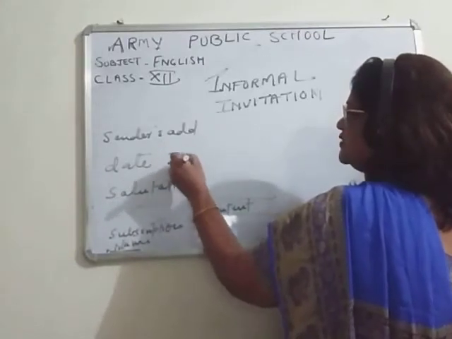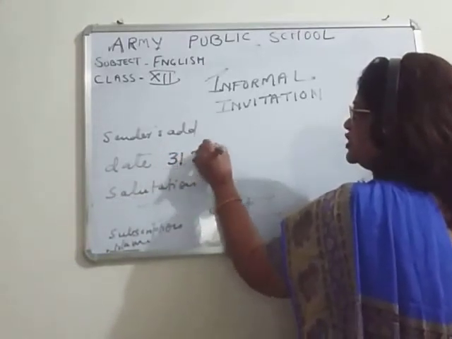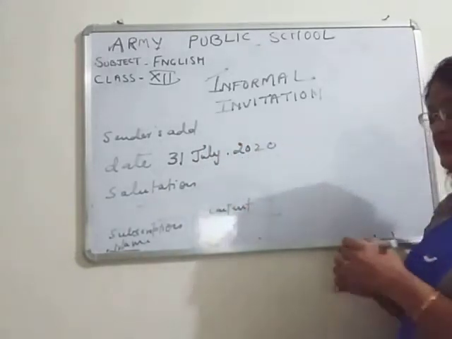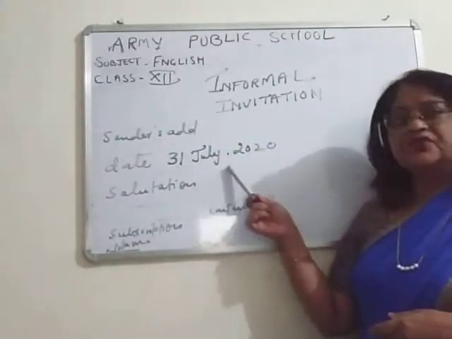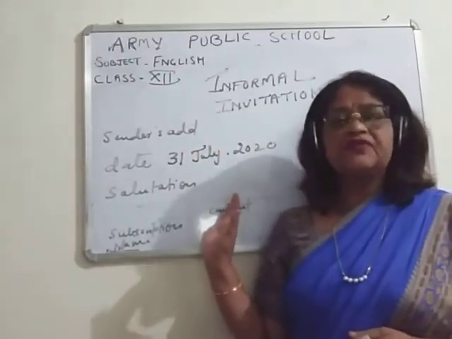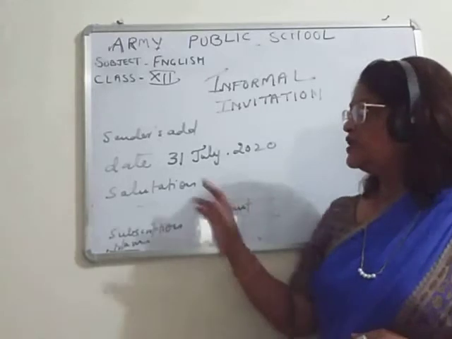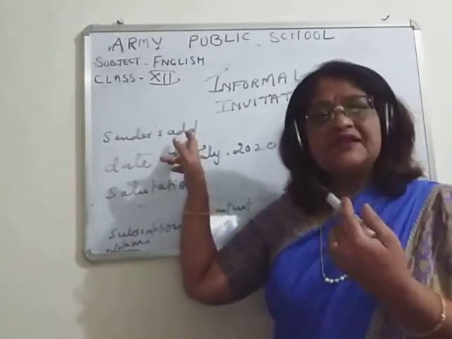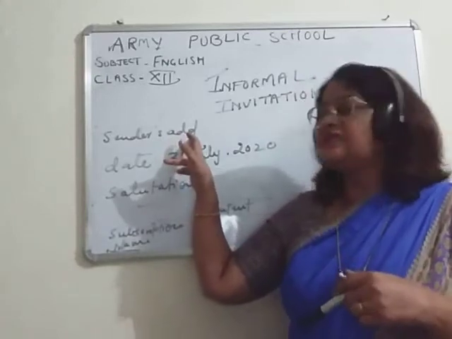Suppose 31 July, comma, 2020. This is the manner, students, in which you have to write your date. So this is the format of informal invitation. You have to write the sender's address, that means the person who is sending this invitation.